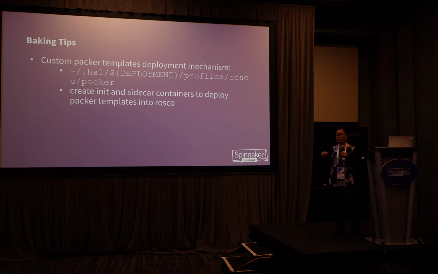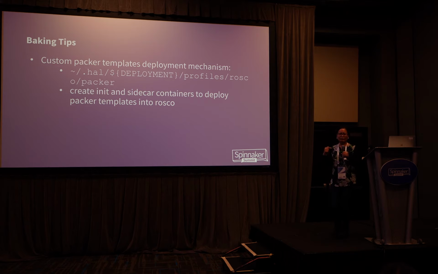That means they get loaded upon startup of the Roscoe pod, and now those Packer templates are available. But if you have a pretty dynamic set of Packer templates, then you need a sidecar container to continuously load them into the Roscoe pod. You would want to continuously load them because Roscoe is not quite HA right now.